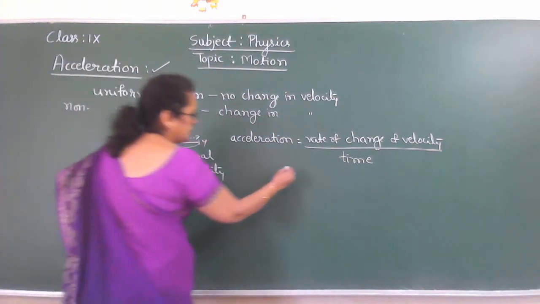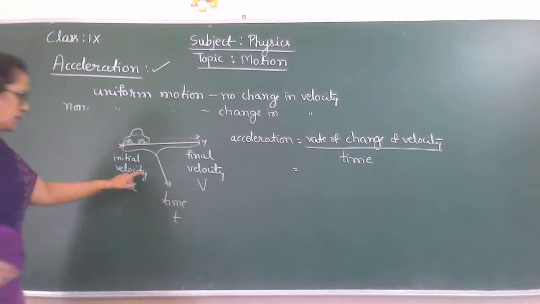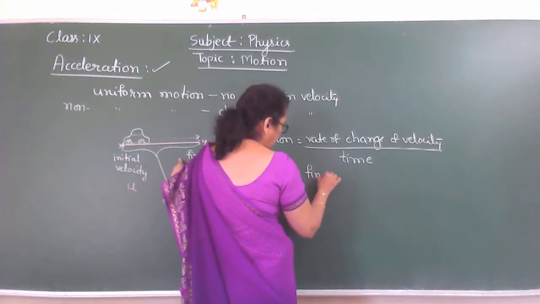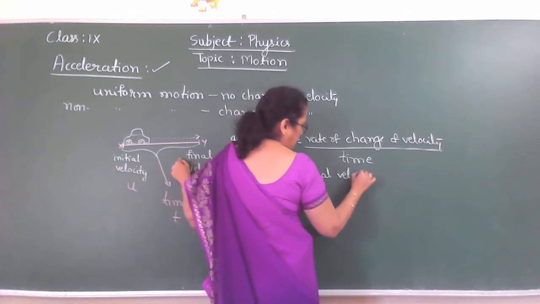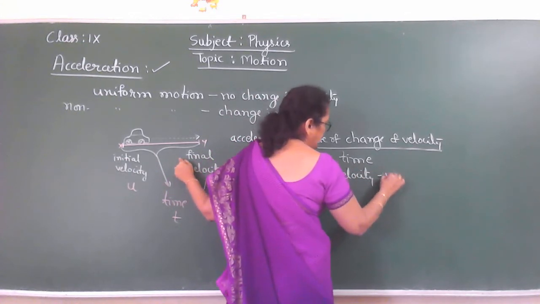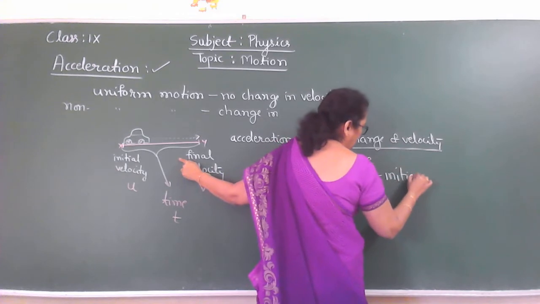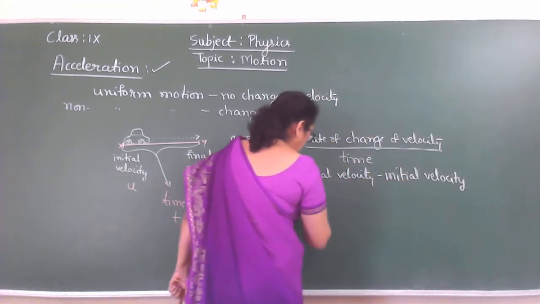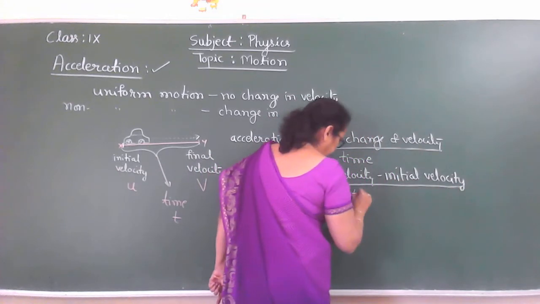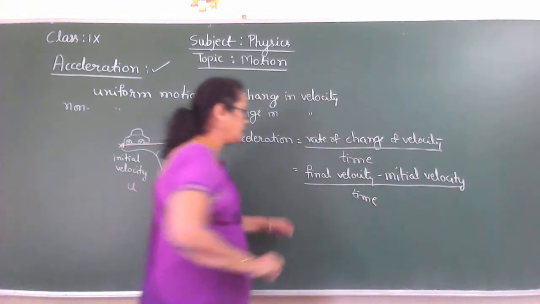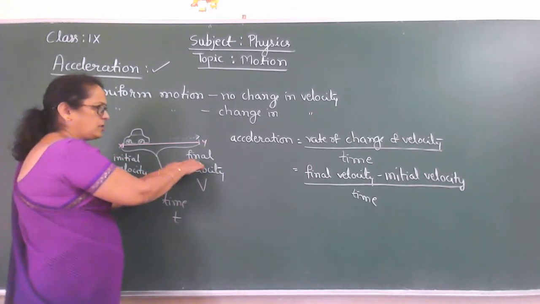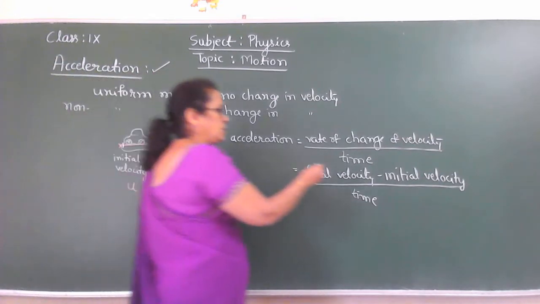Here, what is the rate of change of velocity? Always we take final velocity minus initial velocity, divided by time. Or we call it change of velocity. Always, children, from the final velocity you have to subtract initial velocity.